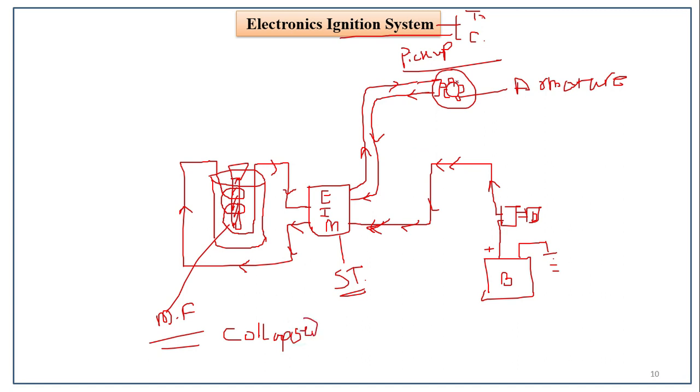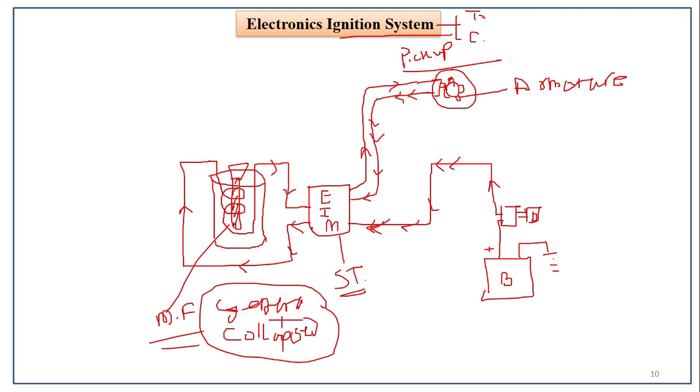Again, when this armature rotates, this metal electrode will come in front of this metal electrode. Again the signals will be passed and the current will be started, and again the magnetic field will be generated. Due to this principle, the magnetic field continuously generates and collapses.